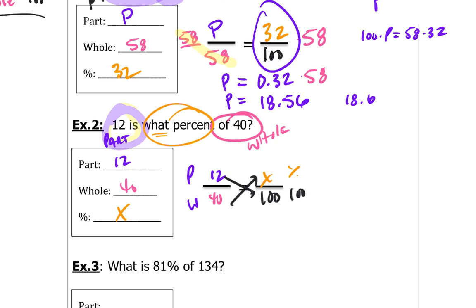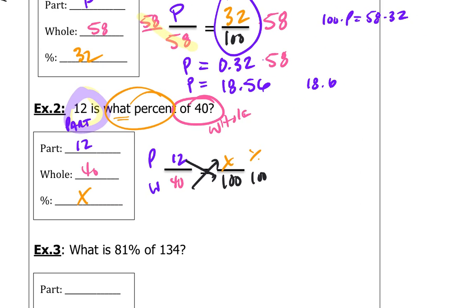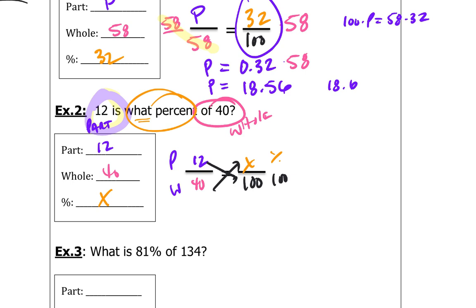What we care about is you can set up the proportion, and then you can use one of the three methods we've taught you to solve this. So either you're going to use scale factor, or you're going to use solving for the variable, or you're going to use the cross product equation. Now what you're going to simplify is say, well, I have 1200 here because of 12 times 100, and then you have equals 40x.